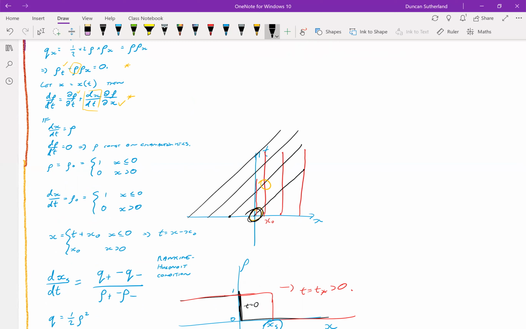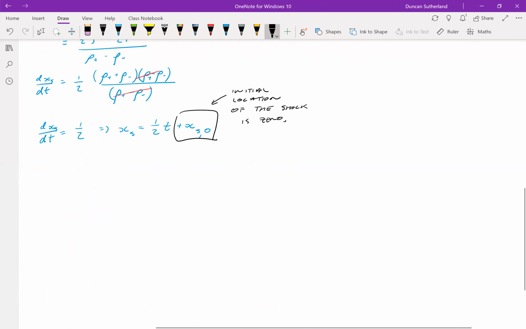It originates there, which is t equals 0. So x_s equals a half t.